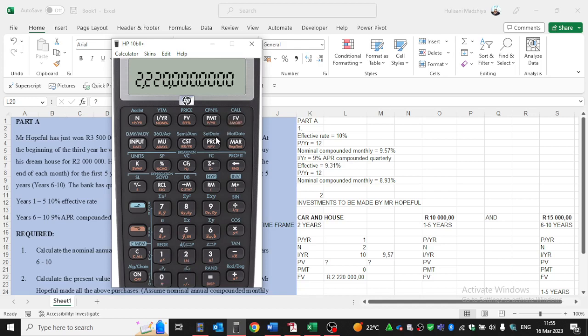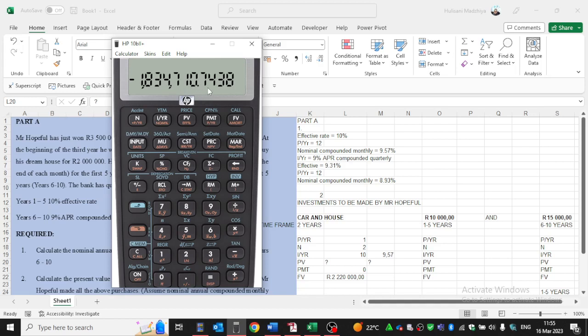So what will be our present value? Our present value will be 1,834,710.74.